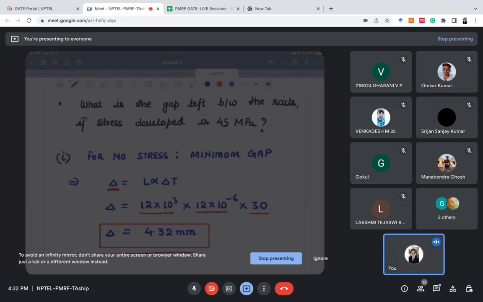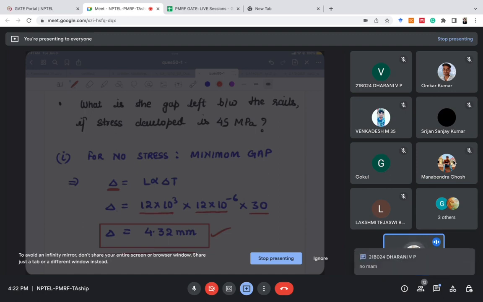Obviously the stress will develop. Suppose I ask you, delta comes out to be 4.32 mm, and I provided a gap of around 6 mm, whether the stress will generate or not, you can give me the answer in the comments, or maybe you can unmute yourself also.